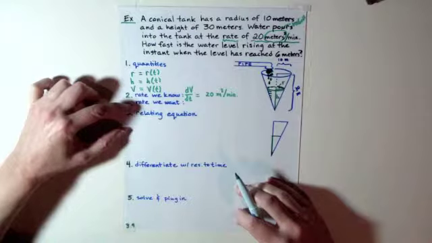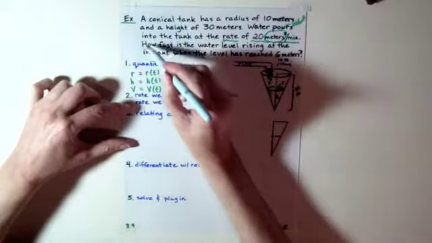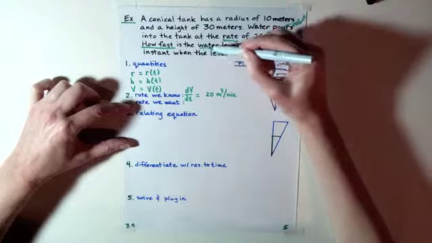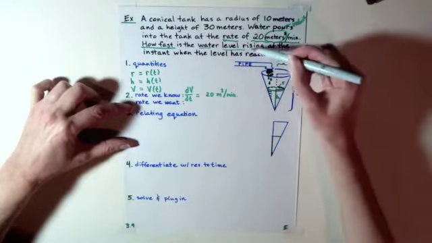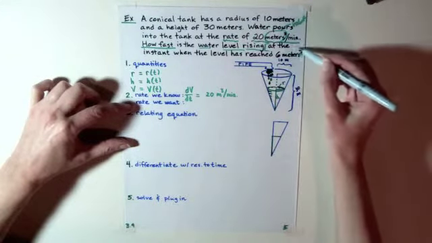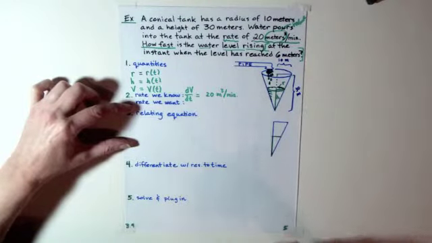Okay, the rate we want, let's see what they ask us to find. They say how fast, so that's really asking what's the rate of change of the water level. So it says how fast is the water level rising at a certain instant. And remember, this instant is something we use at the very end of the problem when we plug in all of our known values.